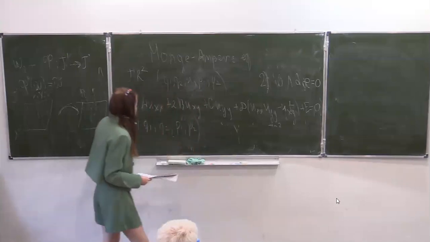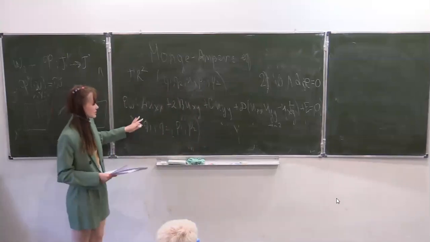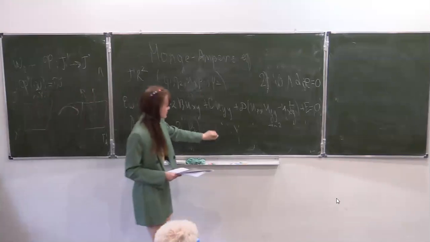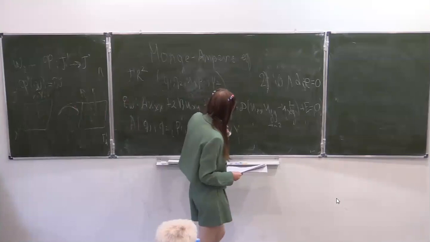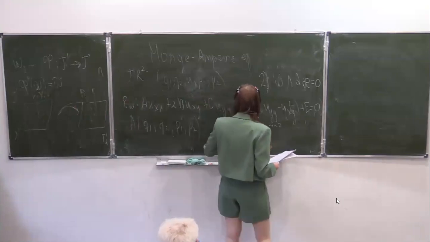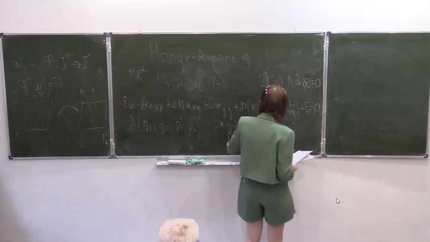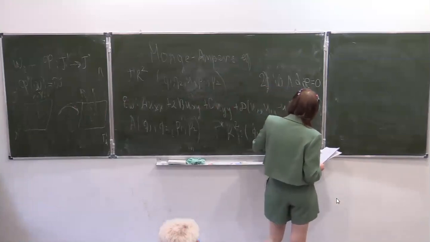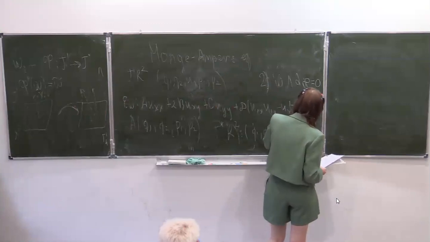And instead, we can use not the J1 space but the cotangent bundle with coordinates q1, q2, p1, p2.